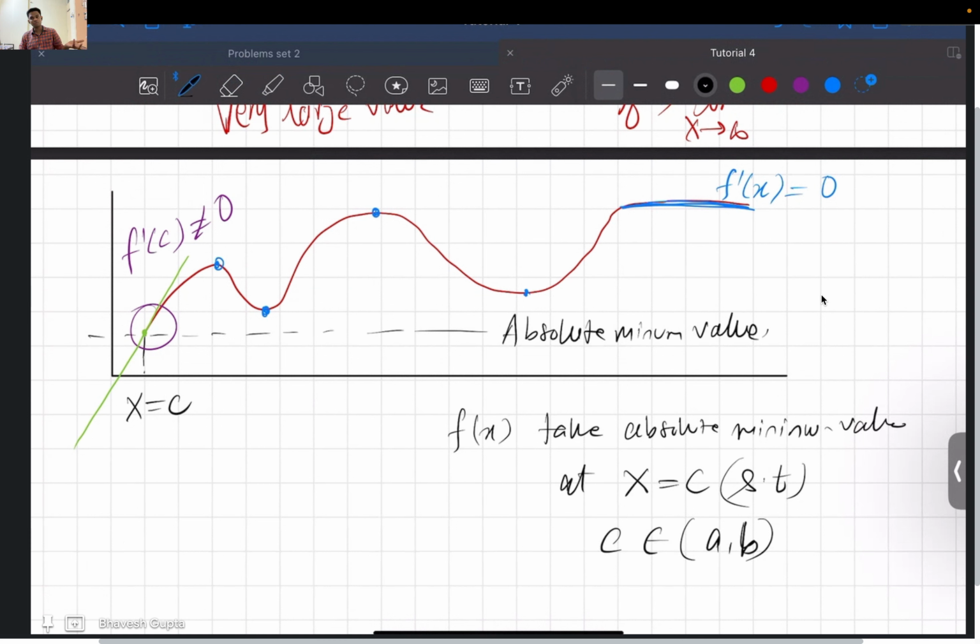If c turns out to be some boundary point, then you can still have a minimum value without the condition that you need to have a maximum minimum, right? Over here I can see that the maxima is somewhere here, and that's neither maxima nor minima, that's just a flat line. So you can still have the absolute maxima and minima.